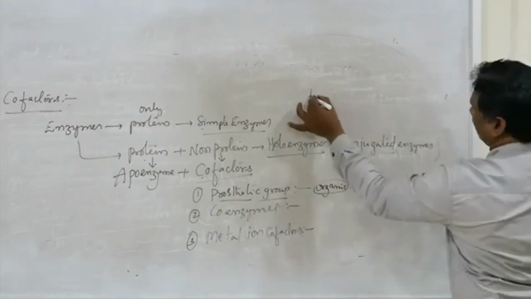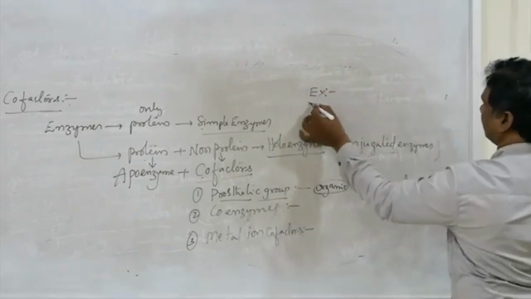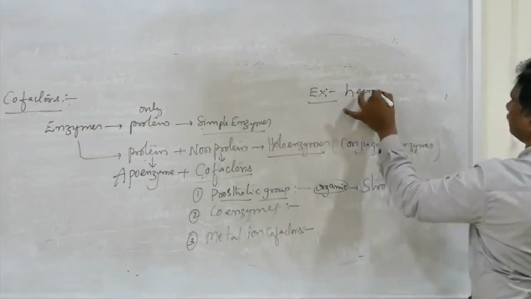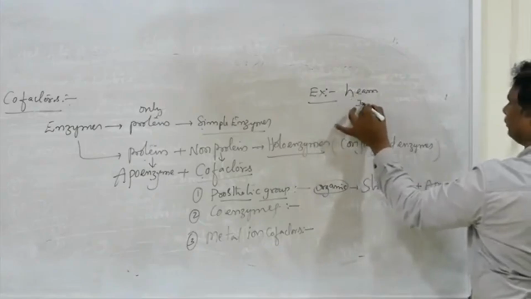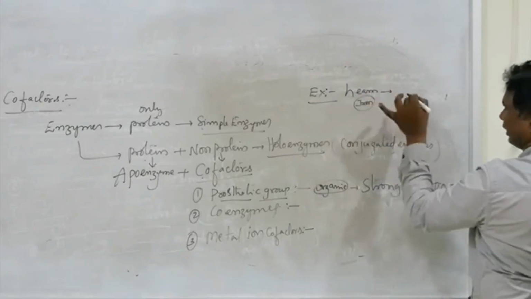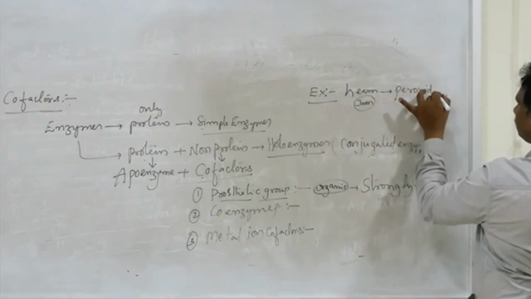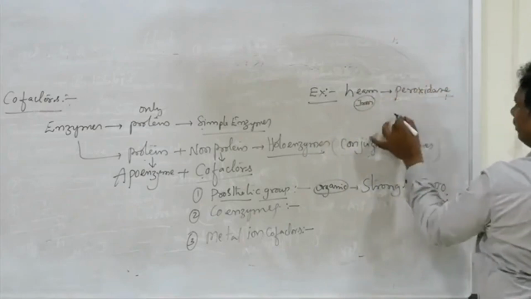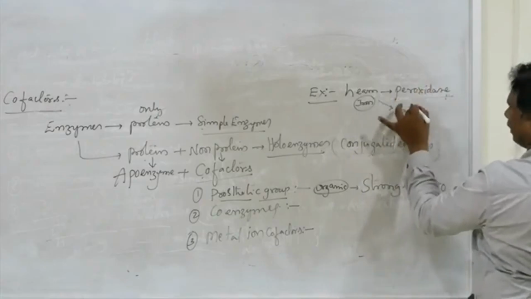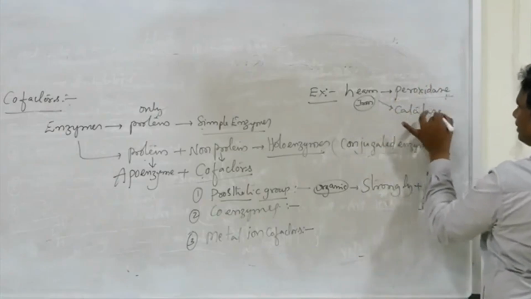One example of a prosthetic group is heme, which means iron. Heme is the internal part of the enzyme peroxidase, and also of another enzyme, catalase.